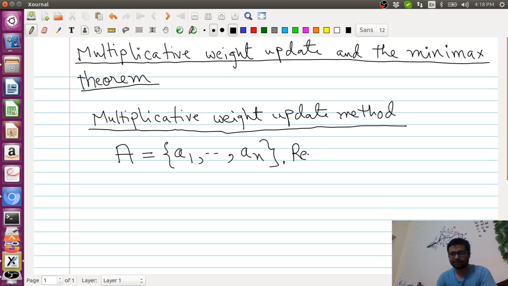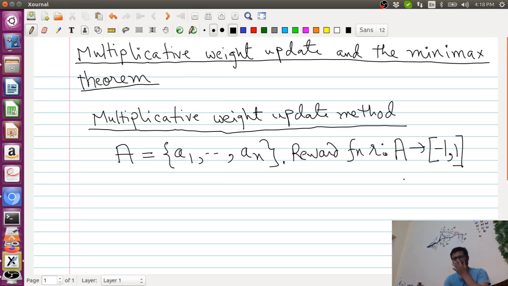A reward function is a function that maps A to the real interval [-1, 1]. You can think of these actions, in the terminology of game theory, as pure strategies, and the reward function as the payoffs for the various pure strategies.